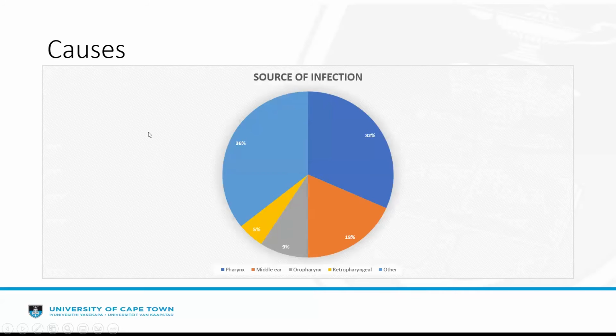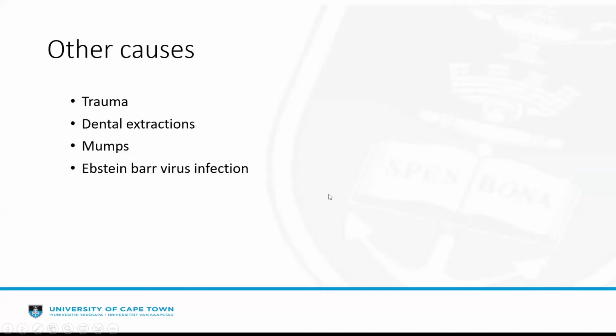So just looking at the sources as primary infection, the pharynx is involved in 32% of cases, and the middle ear is involved in 18% of cases. So majority of patients will have a pharyngeal infection leading up to Lemierre syndrome. I mean, there's this big group of 36% that's termed as other.